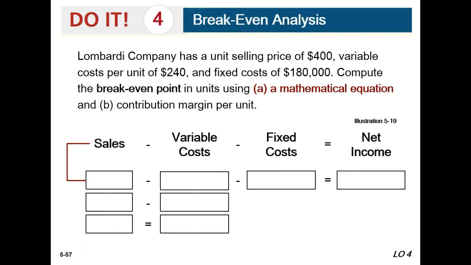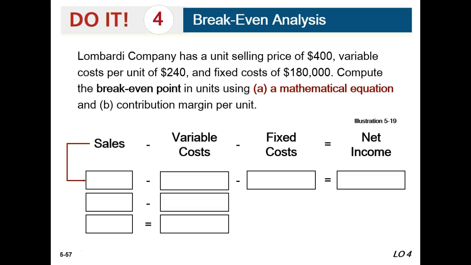So, here's how we can utilize this analysis. Lombardi has a unit selling price of $400, variable cost per unit of $240, and fixed cost of $180. Compute the break-even point using a mathematical equation and the contribution margin per unit. So let's just look at the mathematical equation.